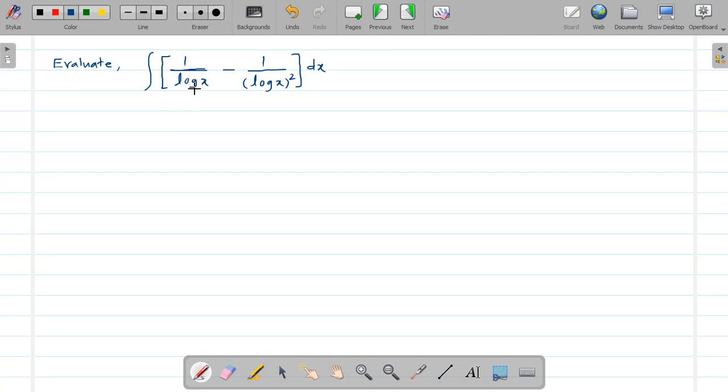Here we have to use the substitution method, because the term is 1 upon log x minus 1 upon (log x) squared, and our result is integration of e raised to x into [f of x plus f dash x]. This is the result that we have to apply here, but there is no term of e raised to x, so that's why we have to use the substitution method to get the integration of this.